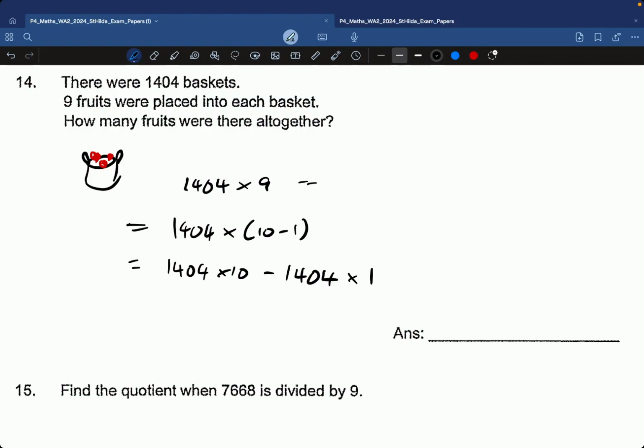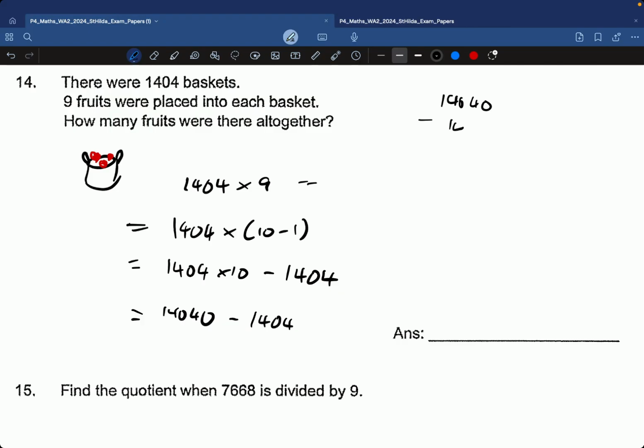And essentially, anything times 1 is the number itself, so you just subtract the number itself. Since we add a 0 when we multiply by 10, it's 14,040 minus 1,404. And then you can do the math itself.